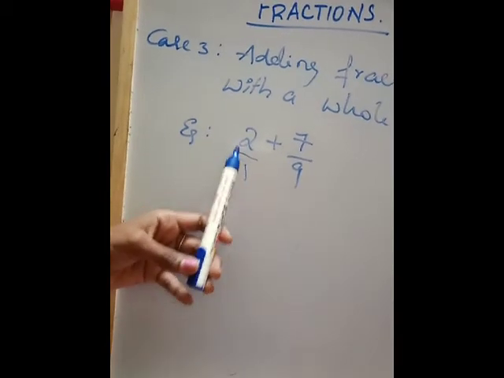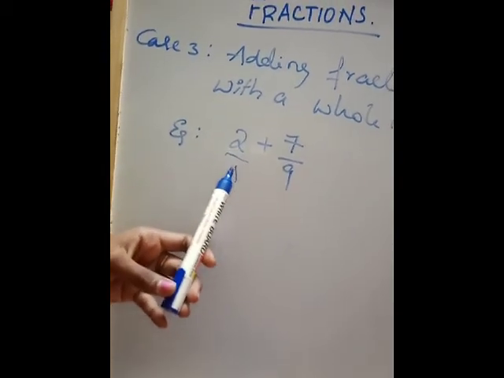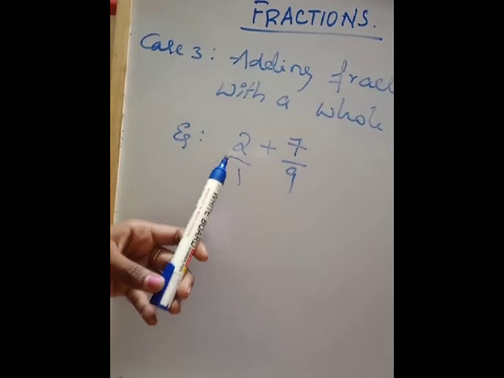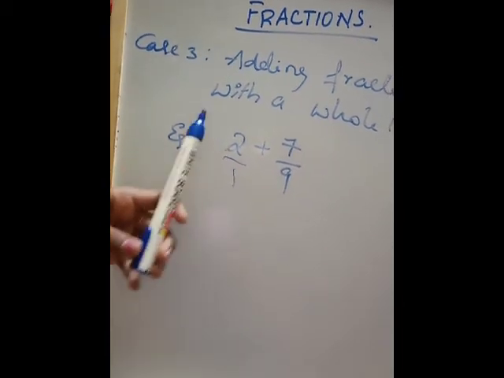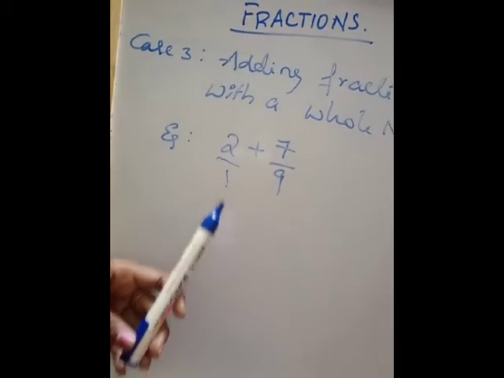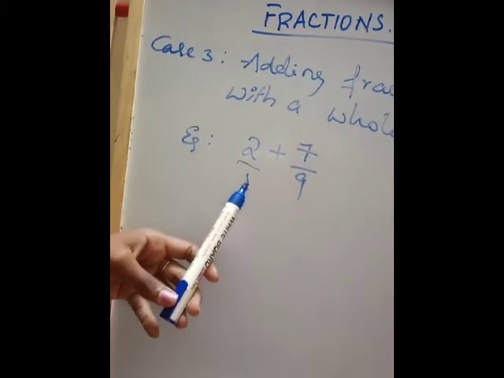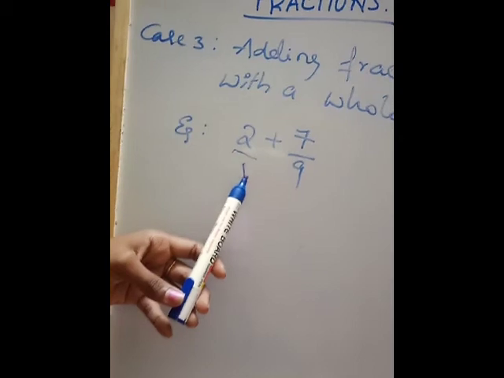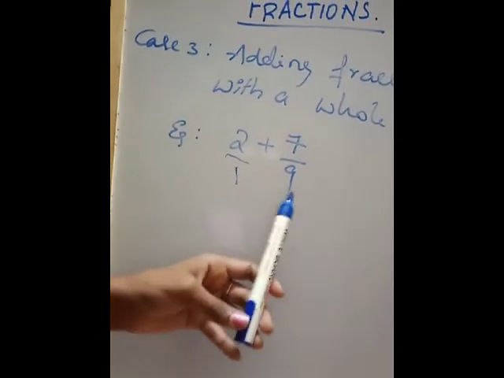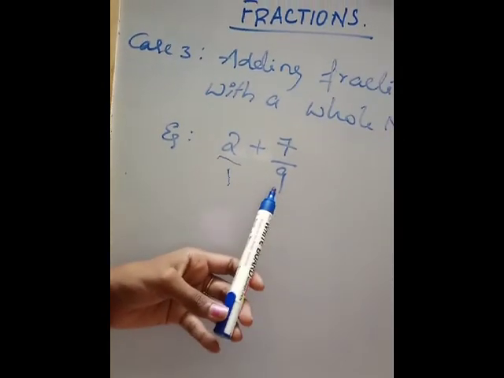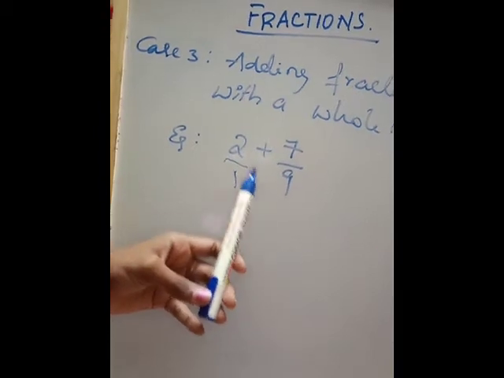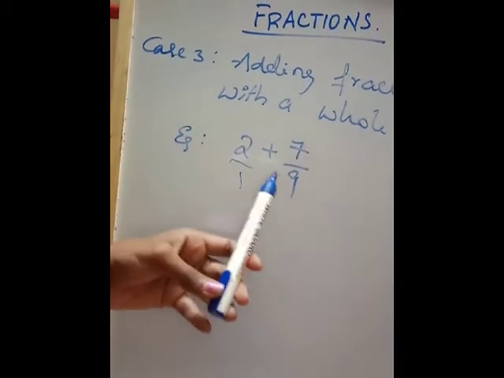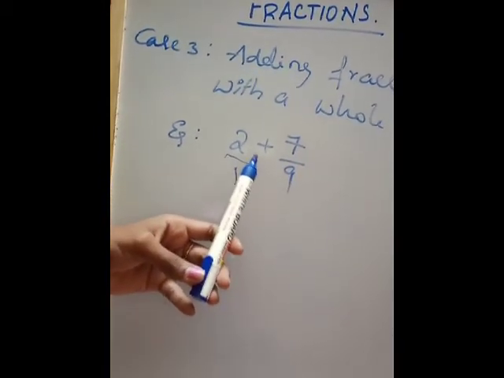This is the fraction form, 2 by 1, of a whole number. 100 is nothing but 100 by 1. It's a fractional form. 2 by 1 is the fractional form of the whole number. So here 1 and 9 are the denominators. 1 and 9 are different. So 2 by 1 and 7 by 9 are unlike fractions.